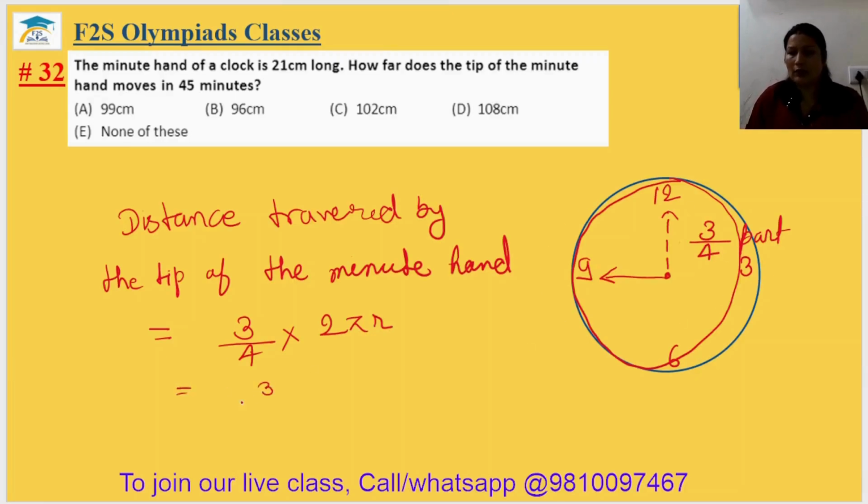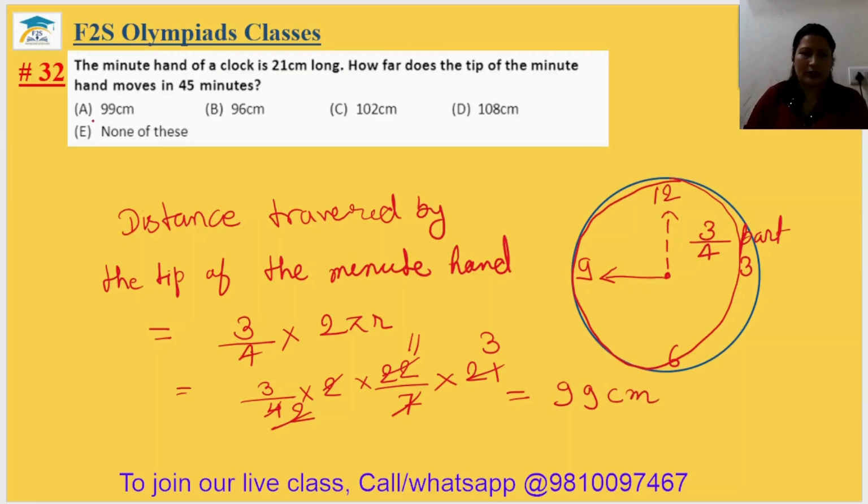It means 3 by 4 into 2 into 22 by 7 into radius, which will be the length of the minute hand, that is 21. So 7 3s are 21, 2 2s are 4, 2 11s are 22, 3 11s are 33, 33 3s are 99 centimeter. It is in option number A. The 32nd answer is option A.